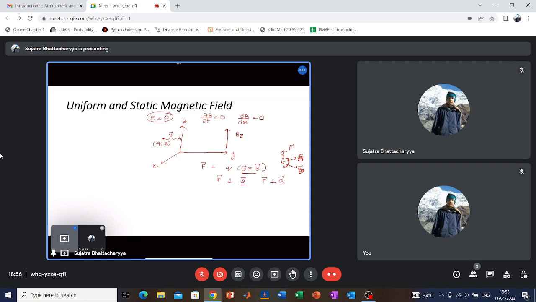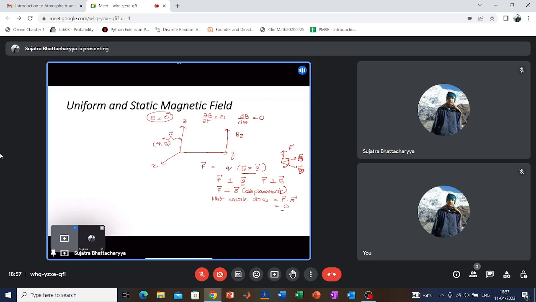So the force is perpendicular to the displacement. If the force is perpendicular to the displacement, what happens to the net work done? The net work done is F dot S, and with 90 degrees in between, it is 0. So the net work done here is also 0.